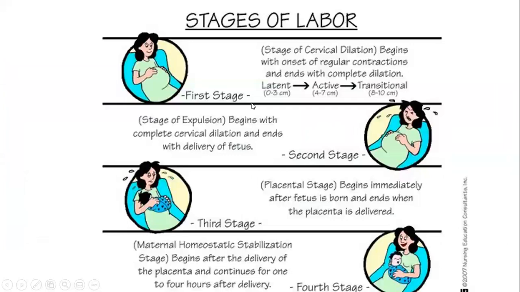In this picture, we can see the different stages of labor: first stage, second stage, third stage, and fourth stage. Stage 1 is basically dilation.